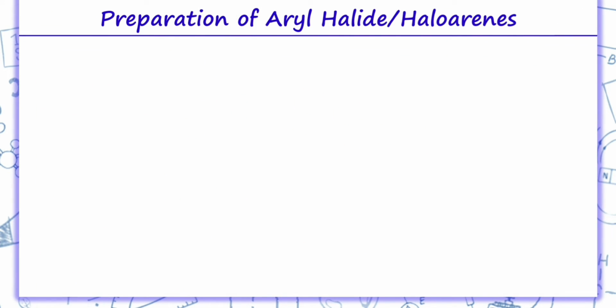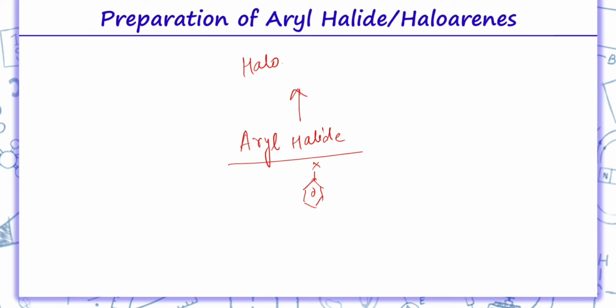Starting with the preparation of haloarenes, or we can say aryl halides. These aryl halides are basically formed when a halogen group is attached to benzene. When we have to prepare haloarenes, the first preparation is halogenation of arenes.